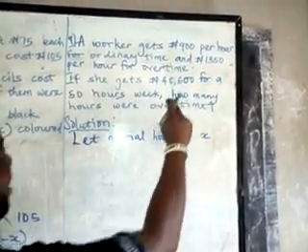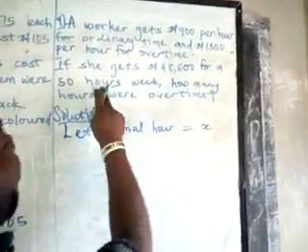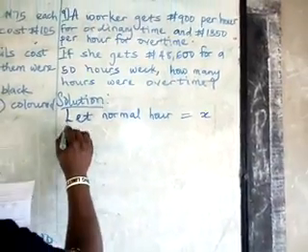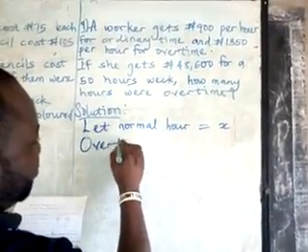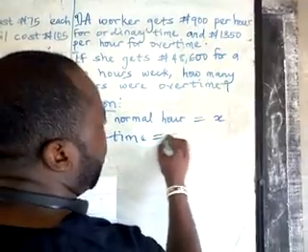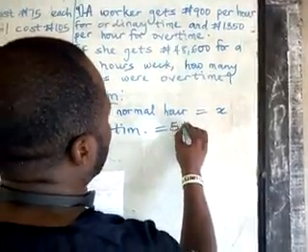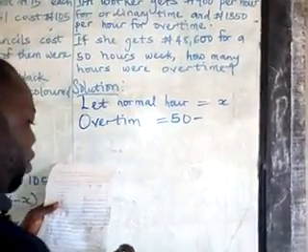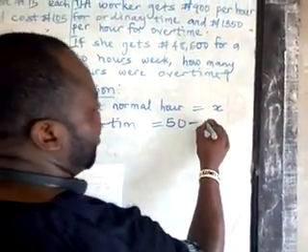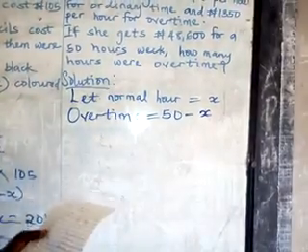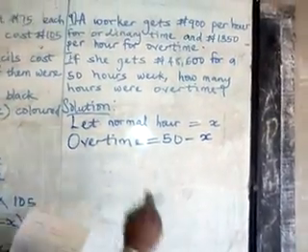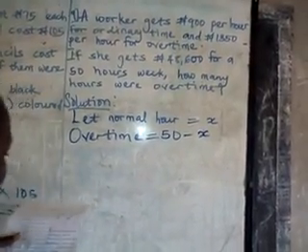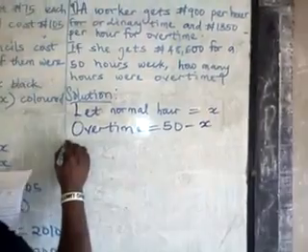Then let your overtime equal 50 hours minus the normal hour. And what is our normal hour? X. That's the first step. Are you getting it now? Let normal hour be x and let your overtime be what? 50 minus x.